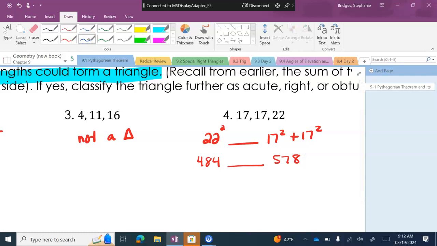Greater than, less than, or equal to? Less than, which means this is acute. Anybody have any questions? Everybody get the idea?